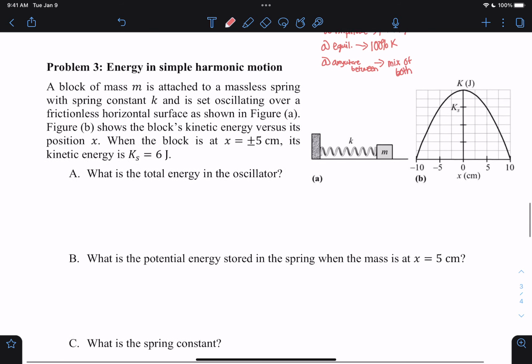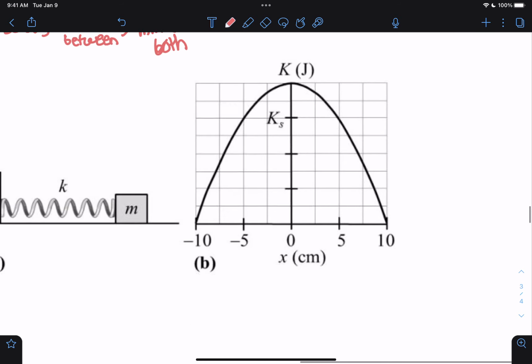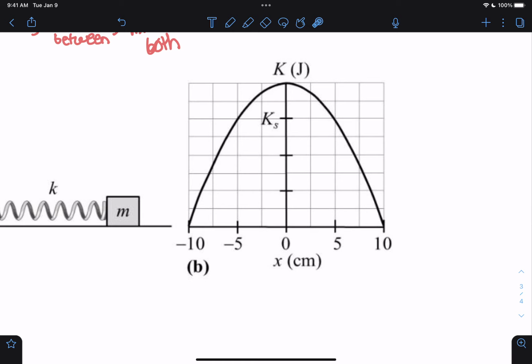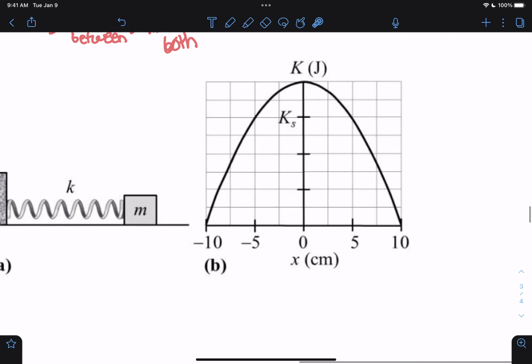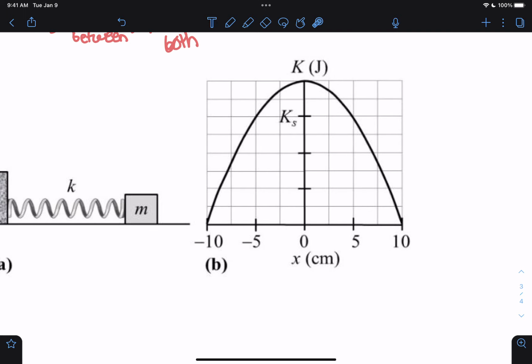Now, if I'm asking about the total energy of the oscillator, if this is a graph of the kinetic energy at a distance of -10, -5, 0, 5, and 10, x equal to 0, what is this defined as? What is the x equals 0 position? And imagine this is the distance compressing or stretching.